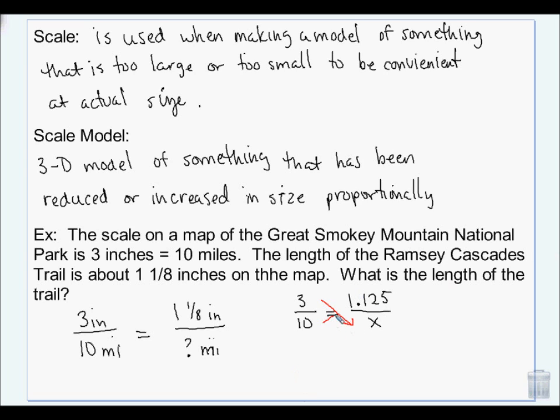So I'm going to cross multiply, and I get 3x is equal to 11.25. Every time you multiply by 10, you just move the decimal one place over.